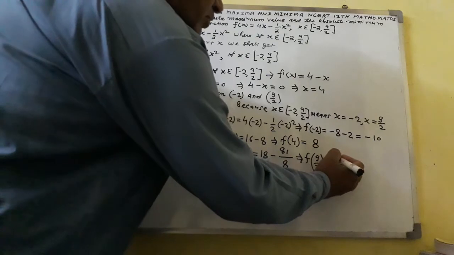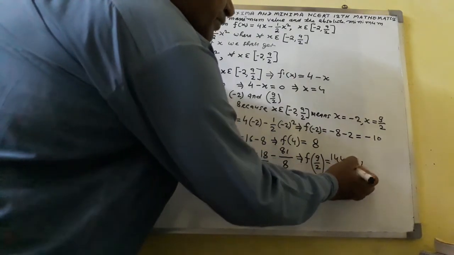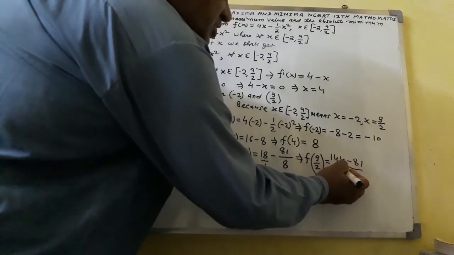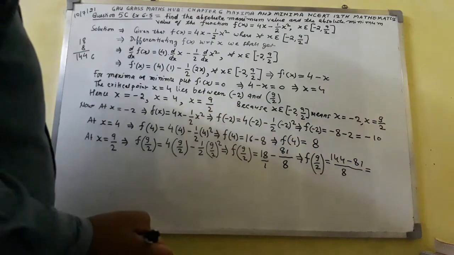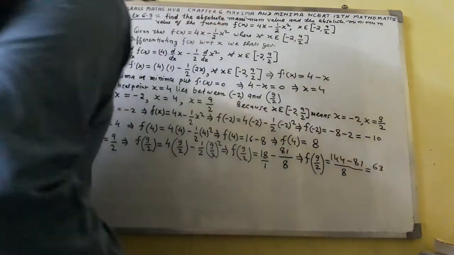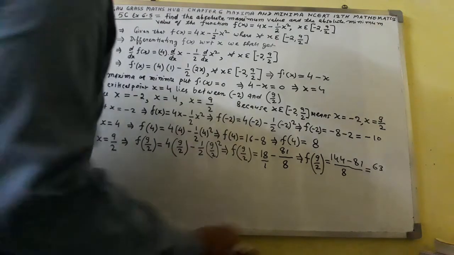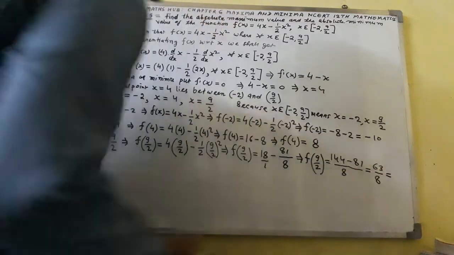You will get here 144 minus 81 whole over 8. So we will get here 63 over 8. Just do the operation here.